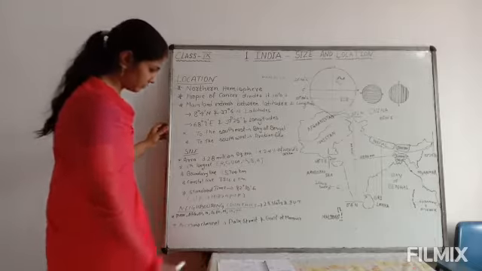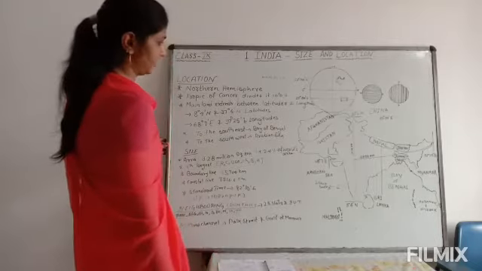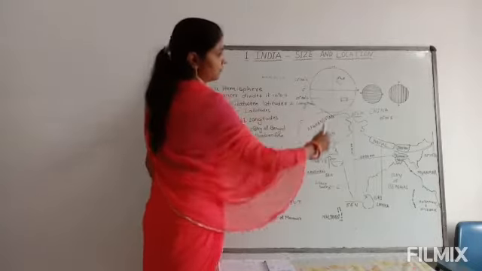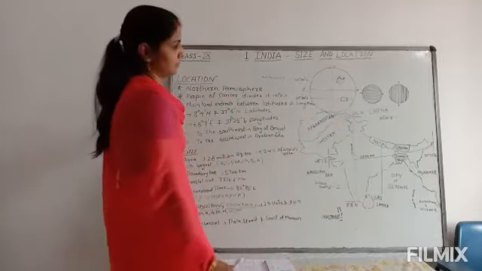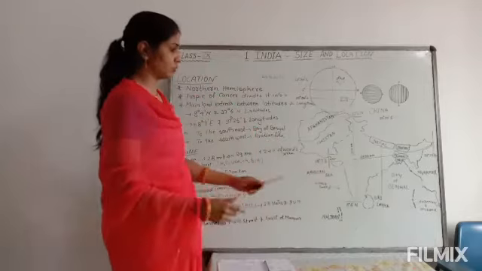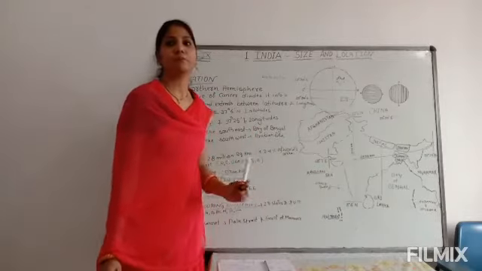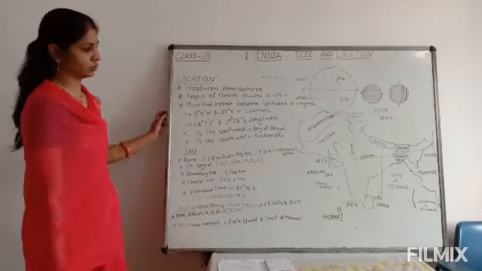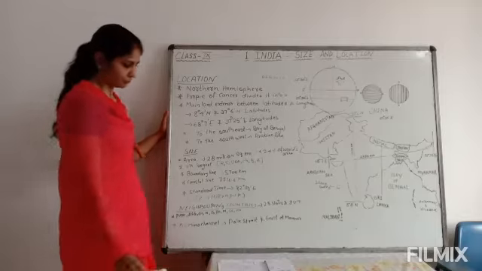Now coming to the location of India, to the north we have the young fold mountains called the Himalayas, to the east we have the Bay of Bengal, and to the west we have the Arabian Sea, and the Indian Ocean below.